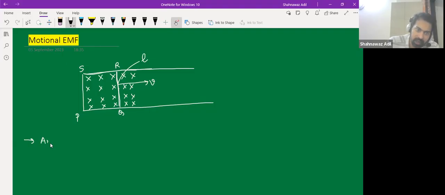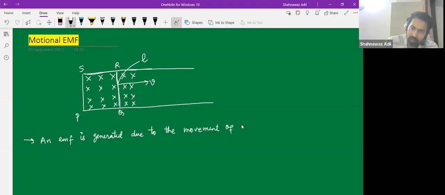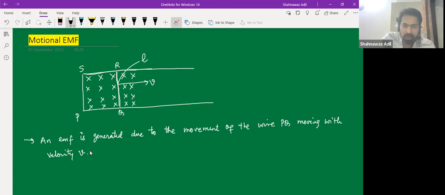So an EMF is generated due to the movement of the wire PQ moving with velocity, right? So this is the idea.